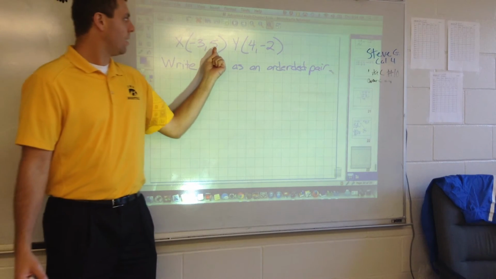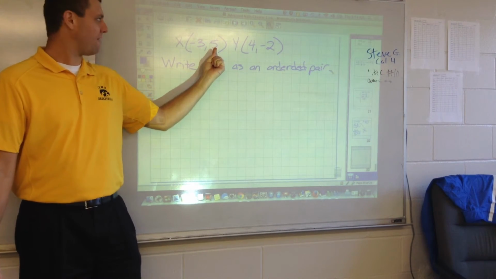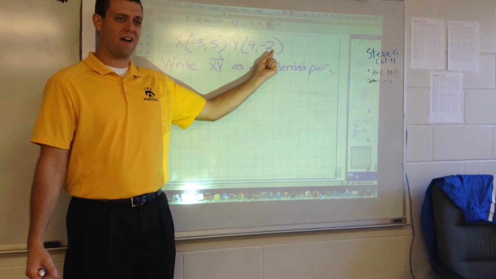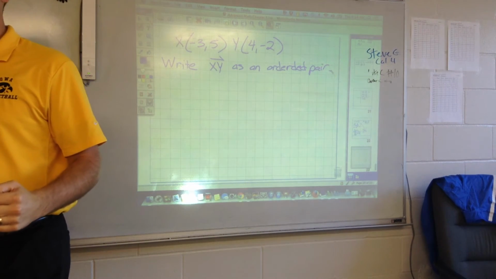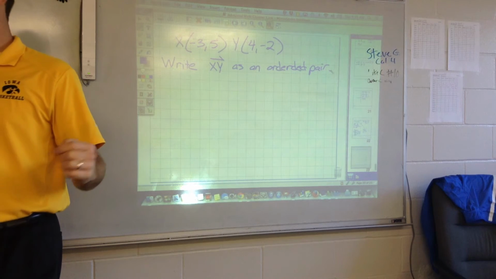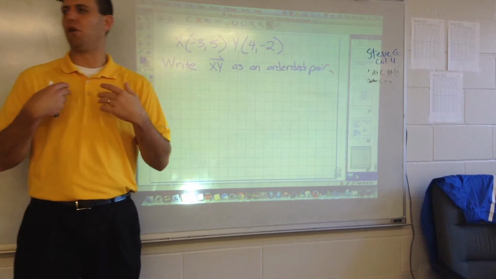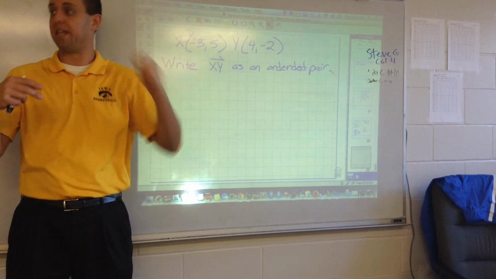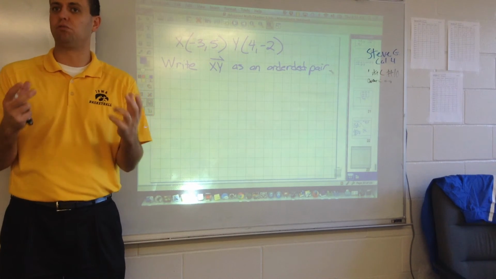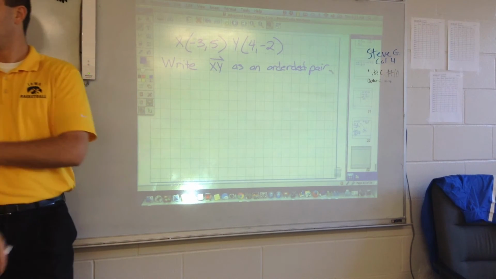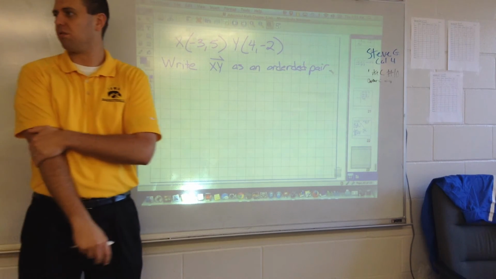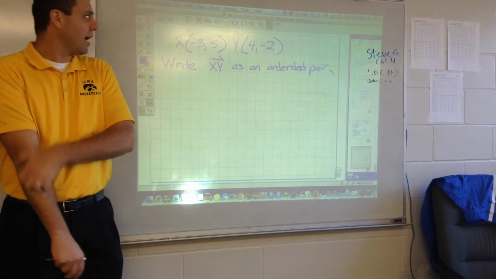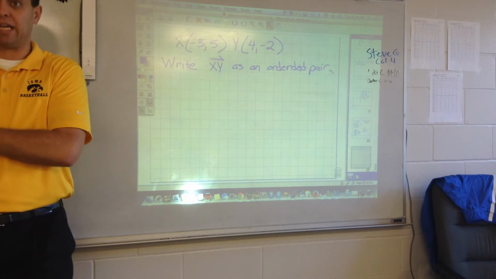If I started here for a y value and ended here for a y value, how far did I travel in the y direction? Negative 7 units. Although I'm saying how far, if you thought about it on a graph, you would be headed down. So as you write your answer, write how far you travel horizontally and vertically, and that could include negatives. So the answer is going to be 7, negative 7.